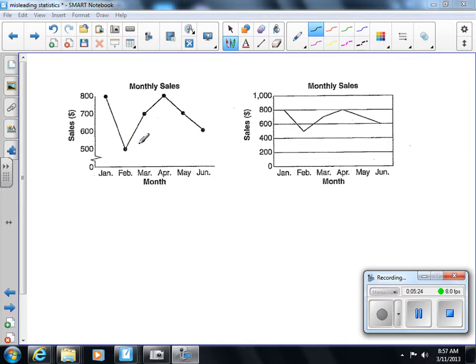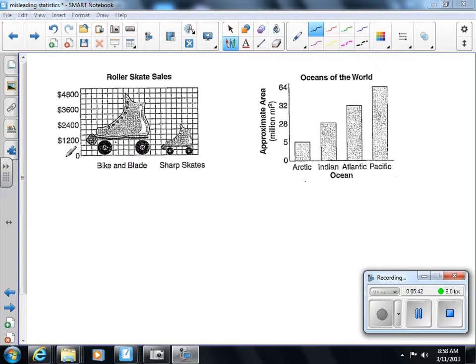But if I'm a salesperson and I'm wanting to convince you of something, and that's something they do sometimes, they make breaks in the graphs to make the data look like they want it to look in order to persuade you in some way. So you have to be careful. Okay, let's take a look then at this one, the roller skating sales.